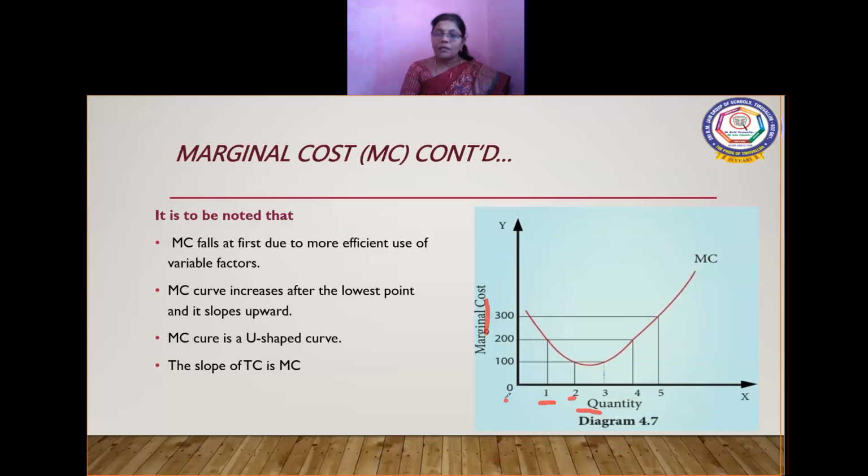In the previous tabular column we calculated the marginal cost, so if we join these points, we will get the marginal cost curve. It falls first due to more efficient use of variable factors, then it increases at the lowest point and starts to slope upwards. So the MC curve is a U-shaped curve. The slope of total cost is marginal cost.